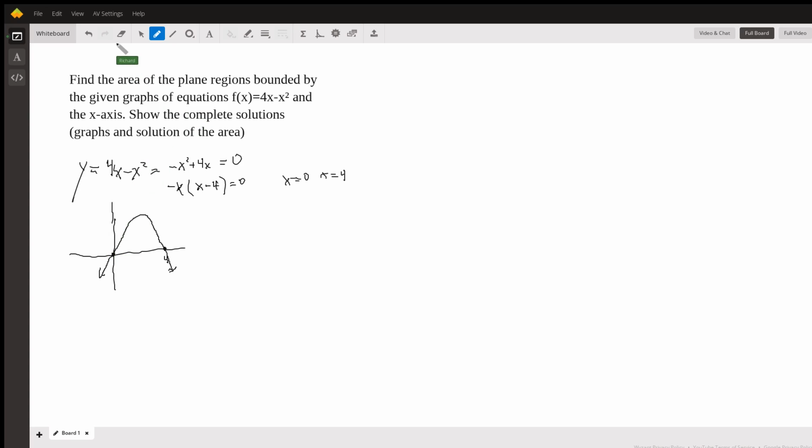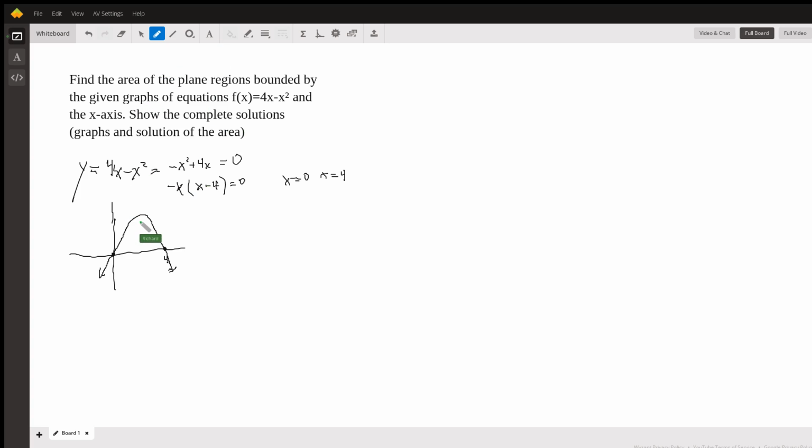Now, the problem is asking for the area under the curve, basically the area between the curve and the x-axis. So I'm just going to fill that in with a color. Oops, sorry about that.